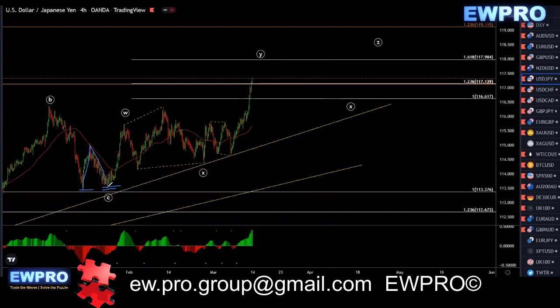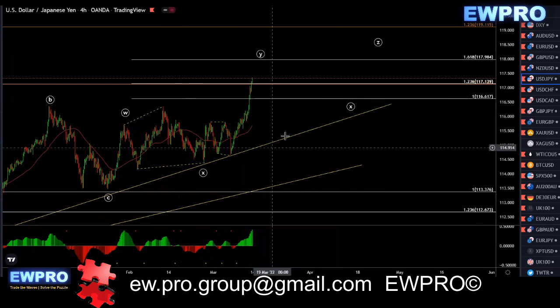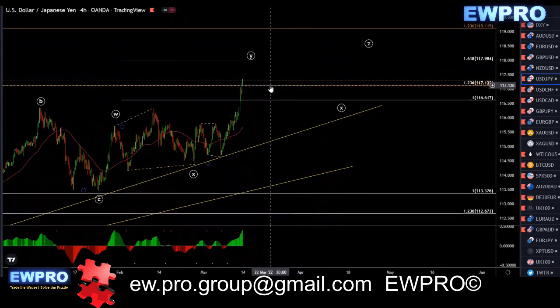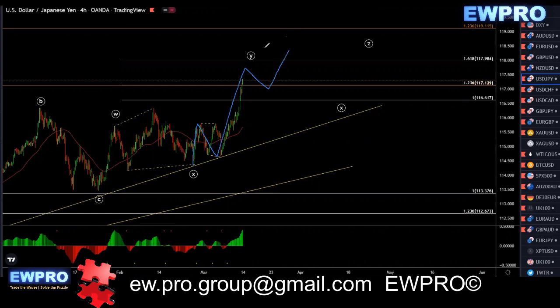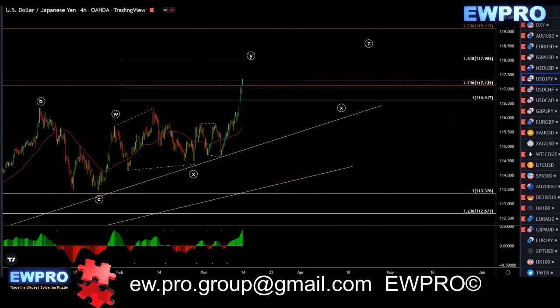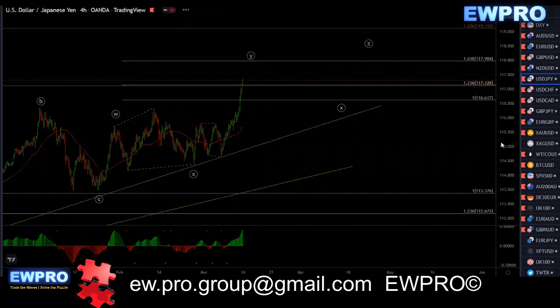So this is a very deep correction, which made it hard from the start. And we may be getting an extended wave in wave Y here with a WXY, X2 and then a Z up to finish off that wave Y. So really you need to wait for the correction before you can look to buy.